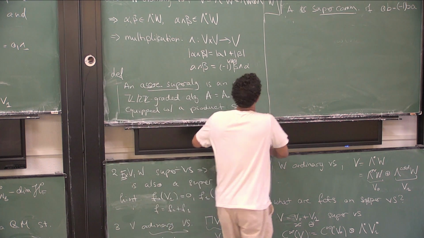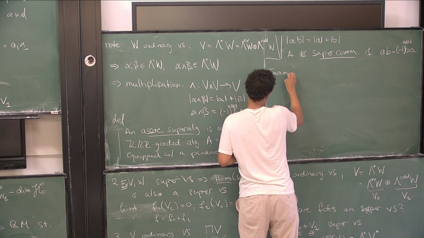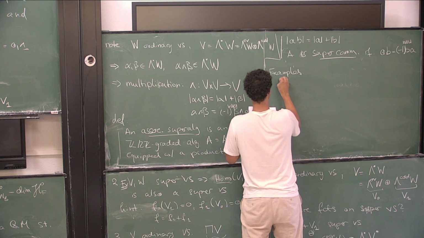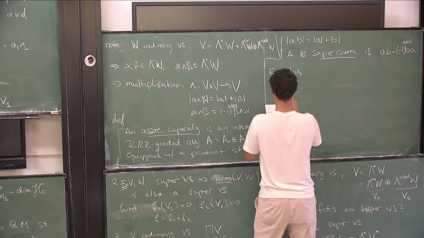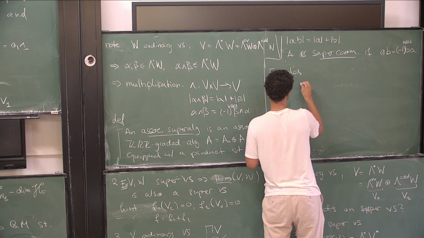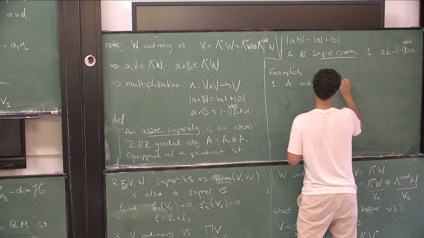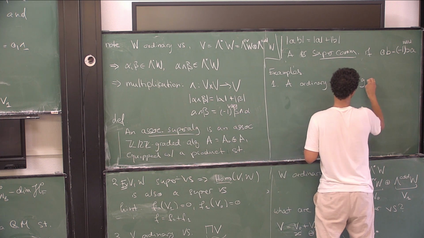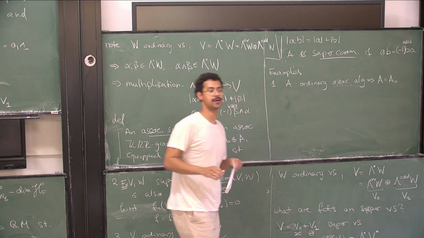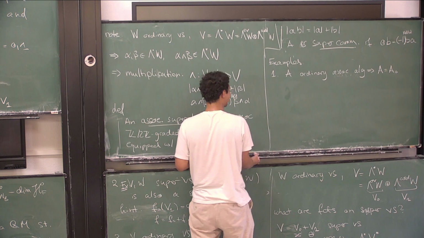Yes. Let me give examples here. The first one is a bit bad, but if you have A, an ordinary associative algebra, then A can be considered as the even part of an associative superalgebra.